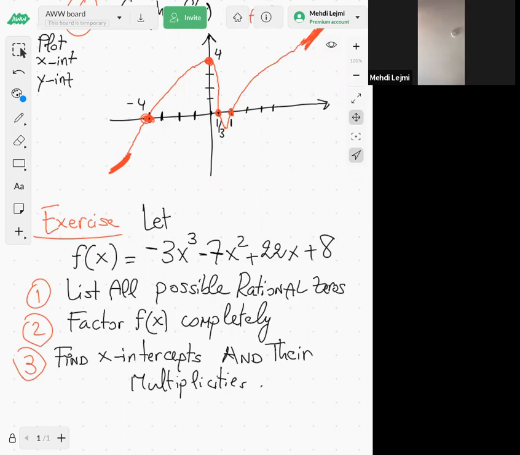Yes, Samira, that's correct. That's very good. Yes, absolutely. Yeah, -1/3, 2, and -4.